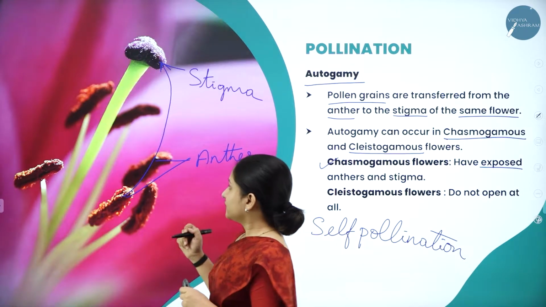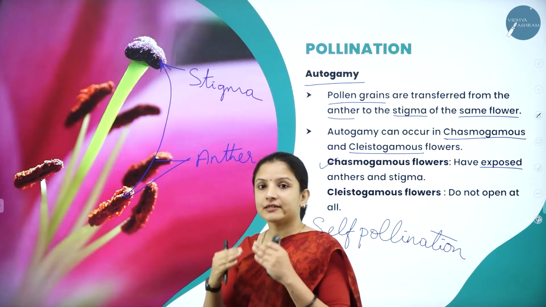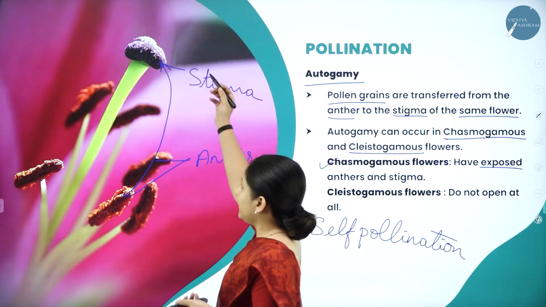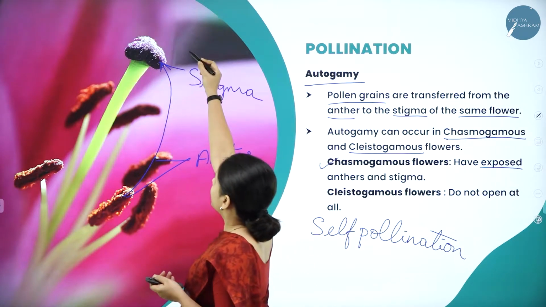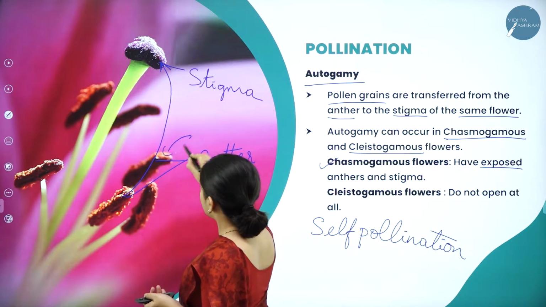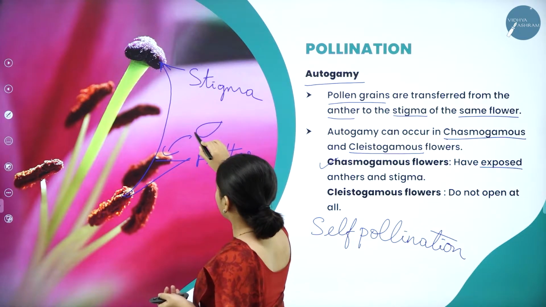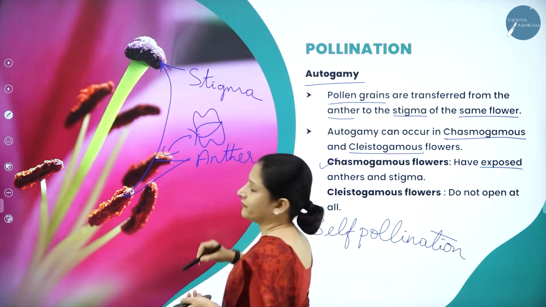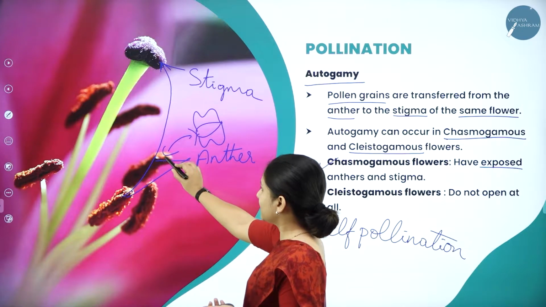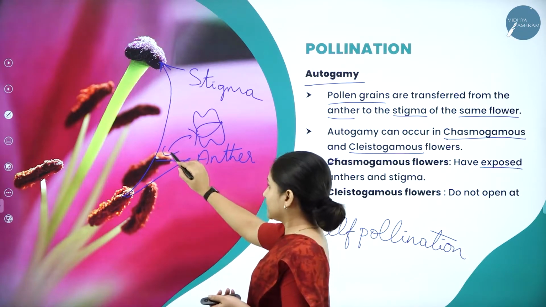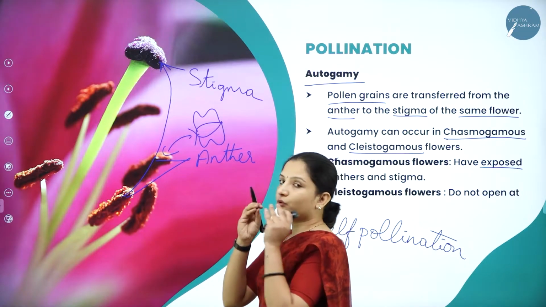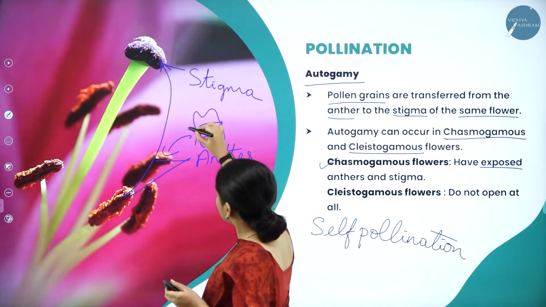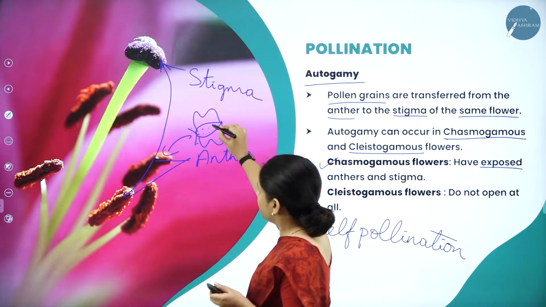In a chasmogamous flower, when the anthers and the stigma are exposed, the bees or whatever insect can come and sit on the pollen grain. I'll take the example of a butterfly as a pollinator. The butterfly can come and sit on the anther. When it sits on the anther, the pollen grains will start to stick on the body of the butterfly.